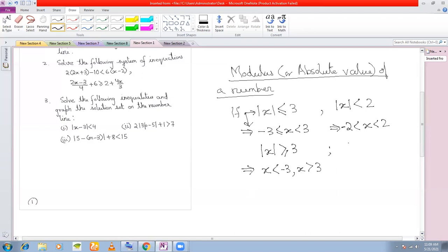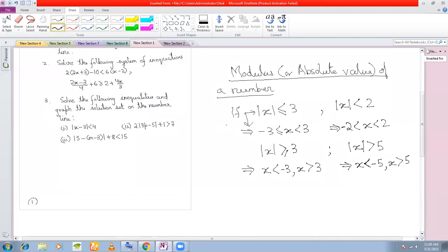Similarly, if you have mod x is greater than 5, what can you write? X is less than minus 5, or x is greater than 5.